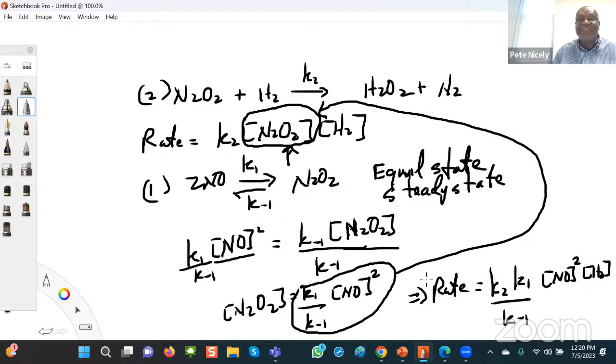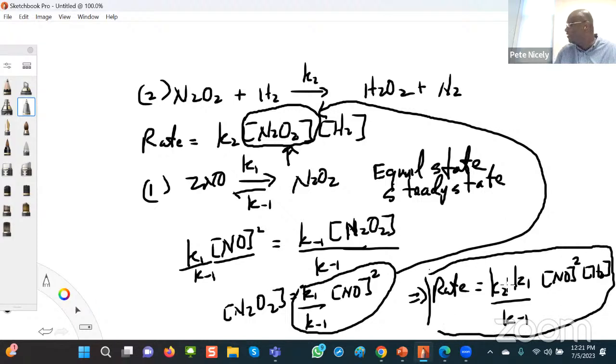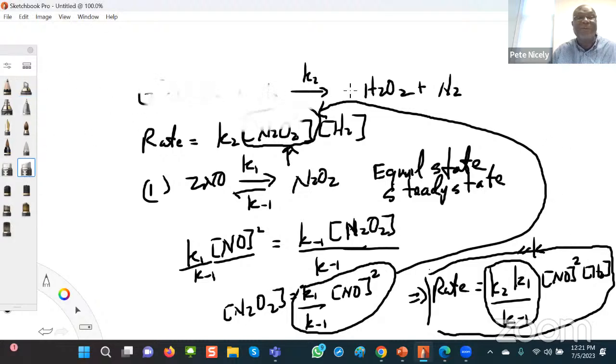And if you look at this equation carefully and compare it to the equation that was determined experimentally, you'll see that the only difference between these two is that where we have this collection of constants, that would be basically the same thing as K, right? So let me, since I need more space, erase the top part here.